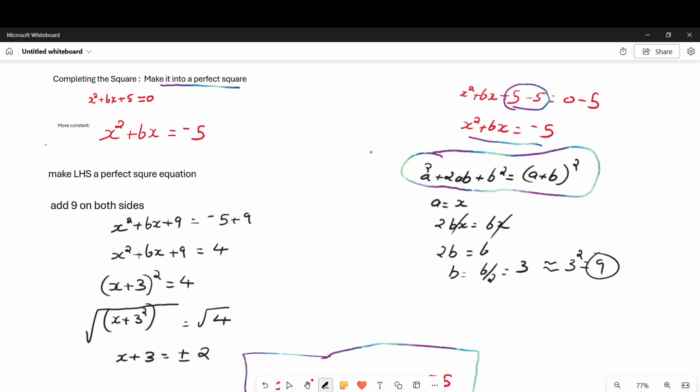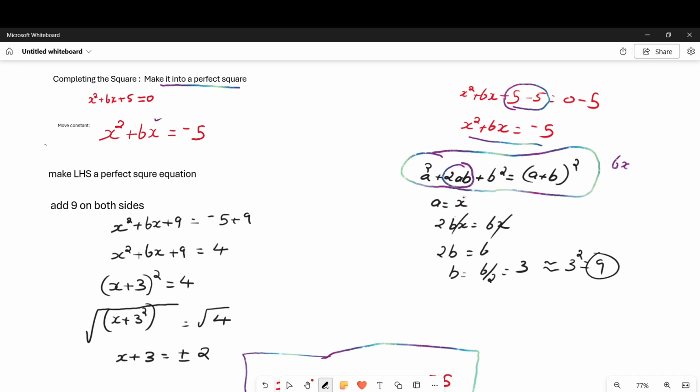Just imagine a is equal to x, and we don't know the b value. So 2bx, this 2ab, is 6x here. What is the missing term here? There is one 2ab, where a is x, and b is missing.